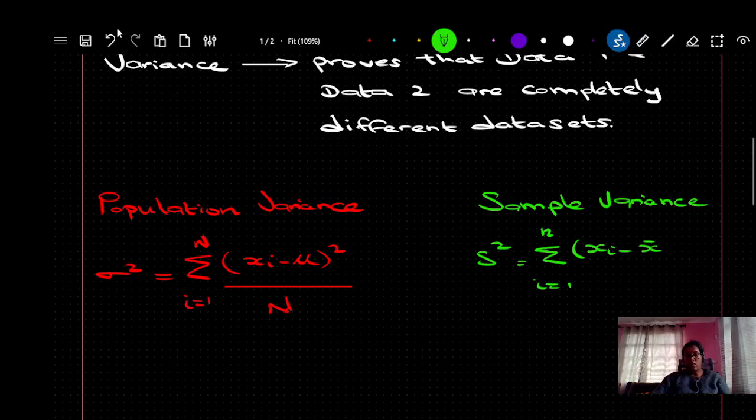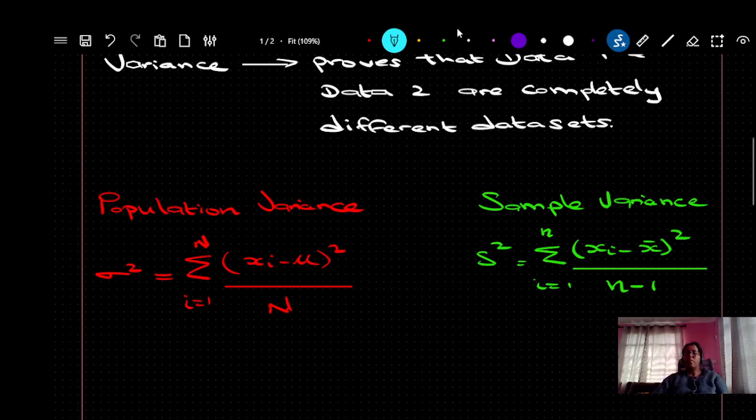This is important. X bar is the symbol for sample mean. Divided by n minus 1. This is different. N minus 1. We are going to see later why we have to put this n minus 1. There's a reason for this.